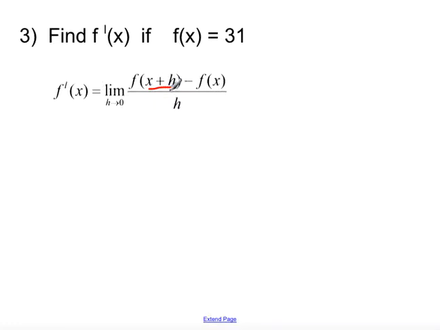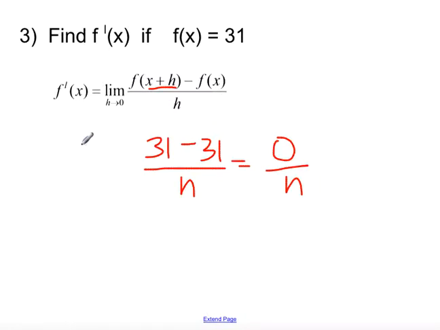So f of x plus h is still just going to be 31. And then minus f of x, which is 31, all over h. But already we have 0 over h. So the derivative of 31 is 0.